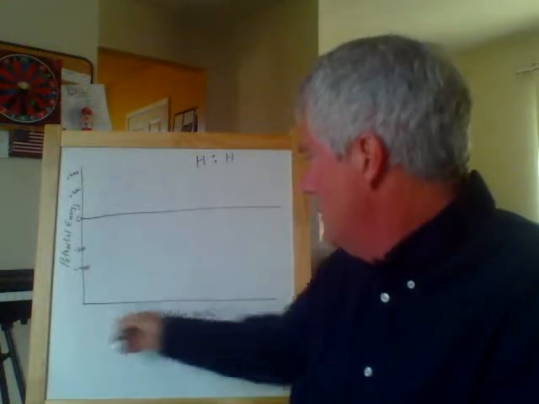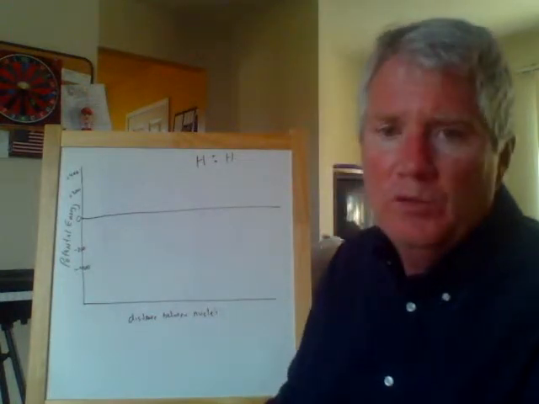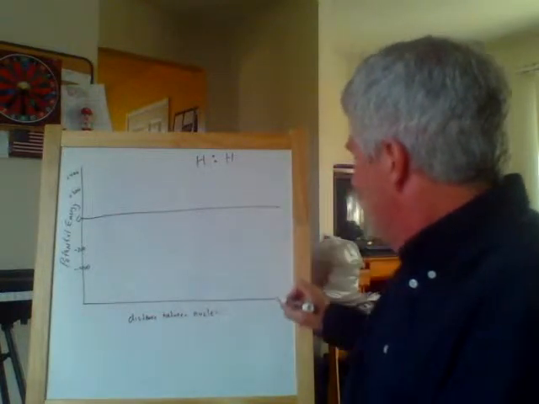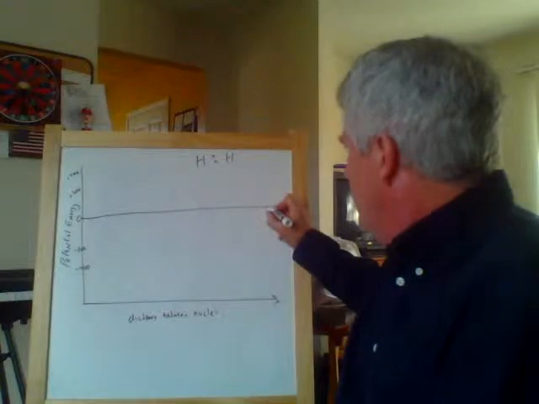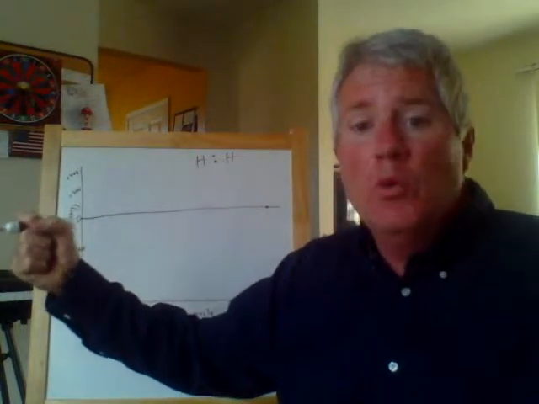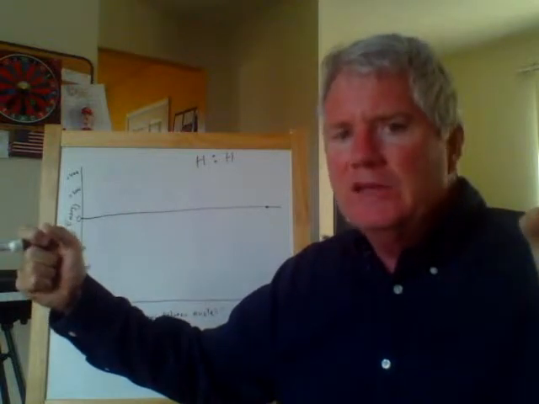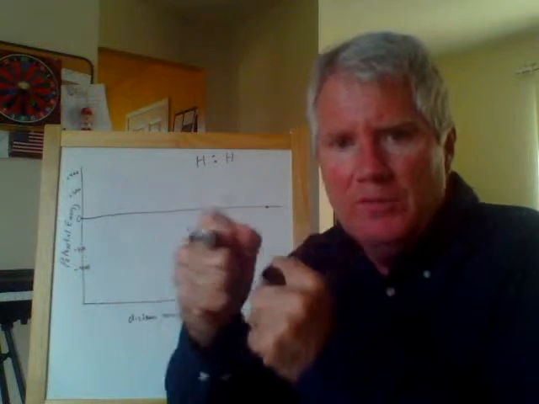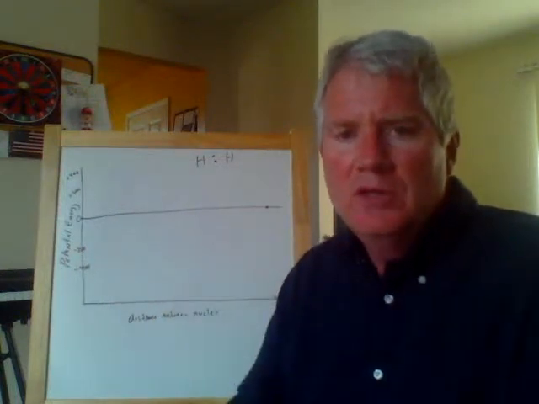And down below here is the distance between the nuclei. So when the hydrogen atoms are very far apart, the energy of the system is zero. There is no potential energy. They don't even know about each other. If you think about it, it doesn't take any energy to push them even further apart, because there is no electrical attraction.